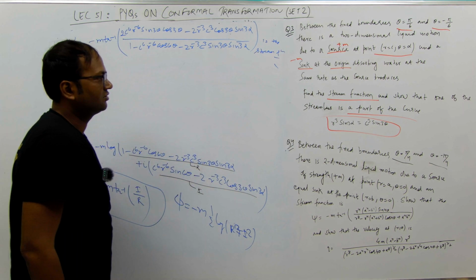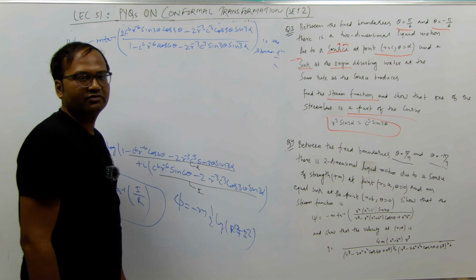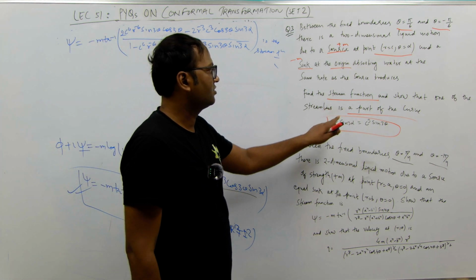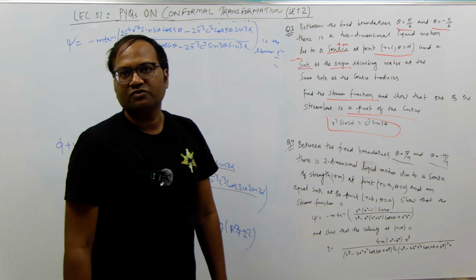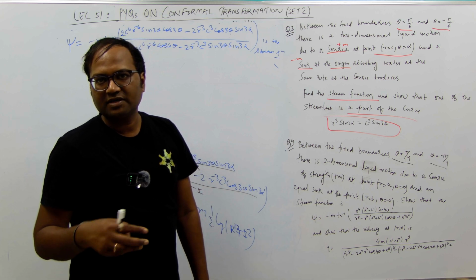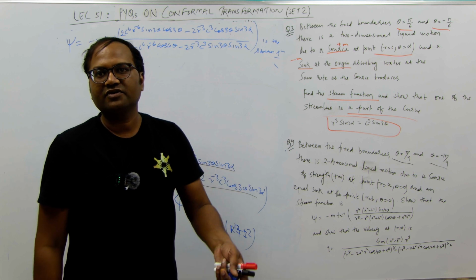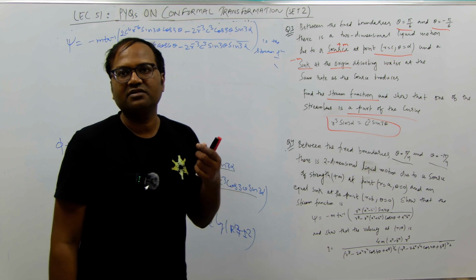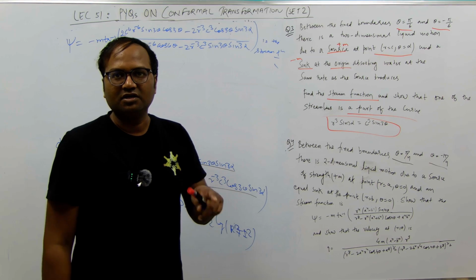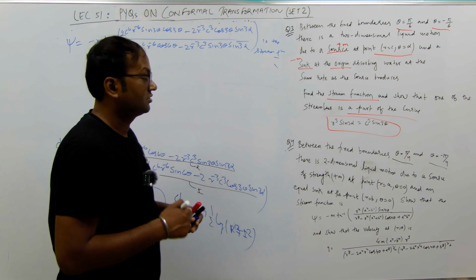What is being asked in the second part of the question is that one of the streamlines is a part of a curve. How will we get the streamline? By equating the stream function to a constant, we get the streamline. So let us find the streamline corresponding to psi equal to 0.